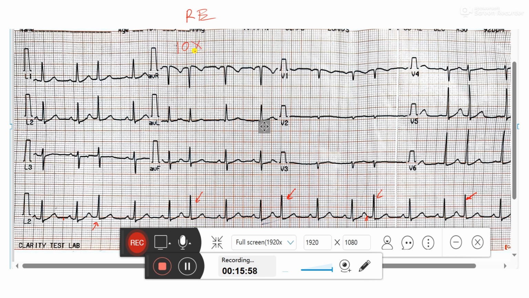If we multiply it by 10, so 100 R waves means 100 heartbeats in 1 minute. So the heart rate is 100.